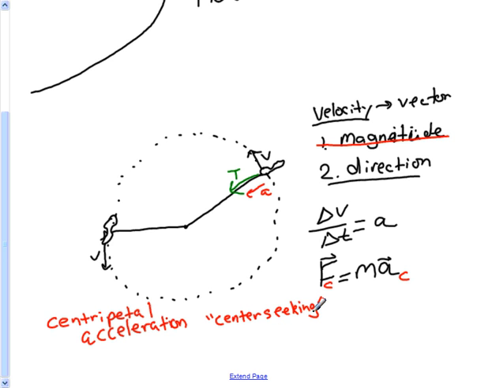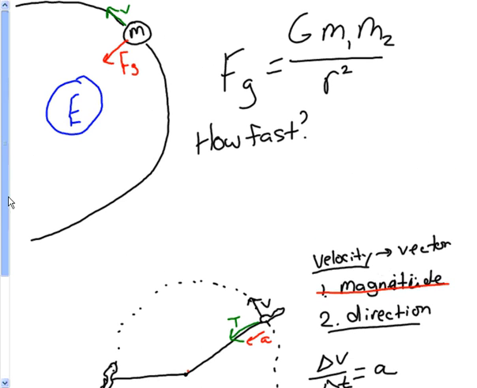So we actually have an equation for the centripetal acceleration, and that is that centripetal acceleration is equal to the velocity squared, which we know isn't changing if it's constant around the circle, divided by the radius of the circle, or basically the distance between the center and the actual keys, or whatever it is that's moving around in a circle. So if you have the centripetal acceleration and you plug it into this equation, then you can talk about a centripetal force.